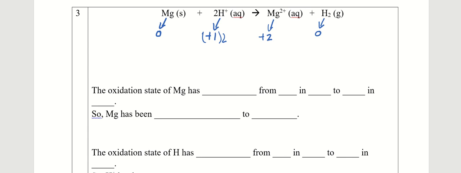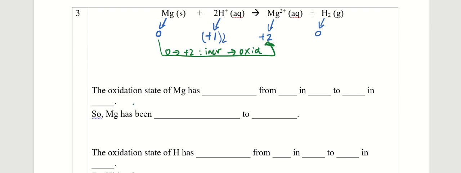What has changed? Automatically we can see that the oxidation state of magnesium has changed from 0 to +2. Now this is an increase in the oxidation state, which means magnesium has been oxidized.